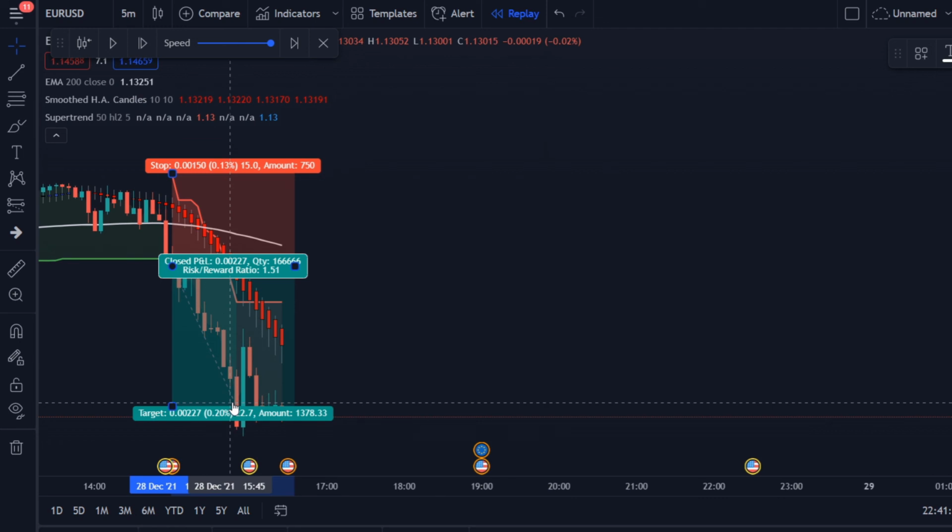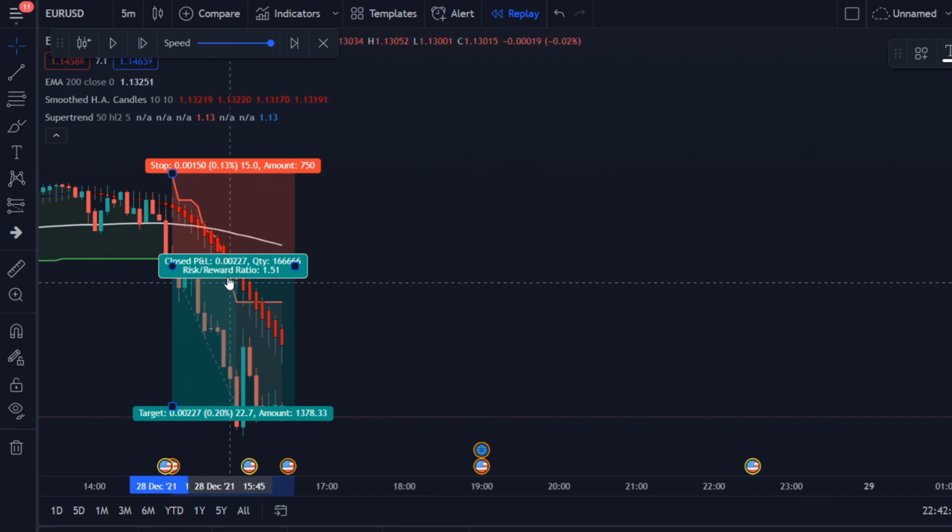So that is basically the strategy. Let me summarize it again. We have three indicators: the exponential moving average, the smoothed Heikin Ashi candles, and the super trend. First, we look at the 200 exponential moving average. To identify the trend, the price needs to be below the 200 exponential moving average. Then we look at the red Heikin Ashi candles.